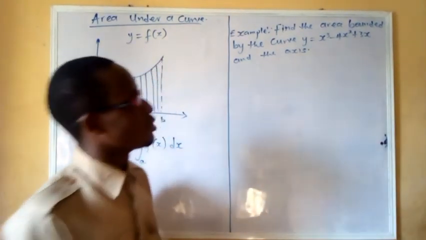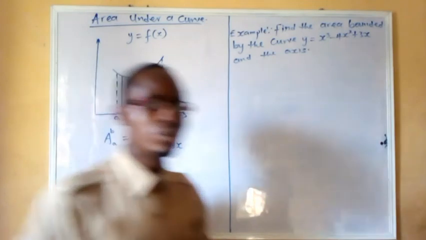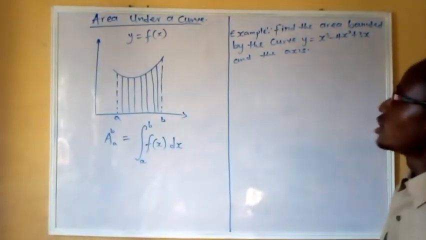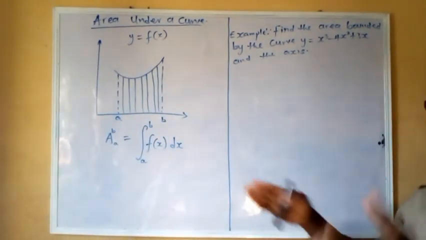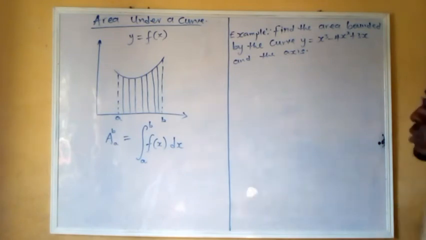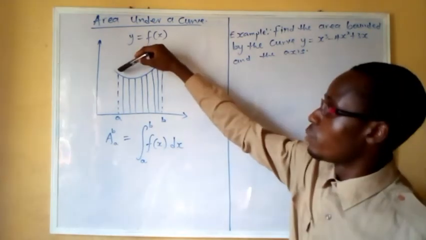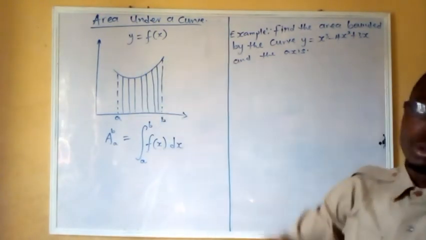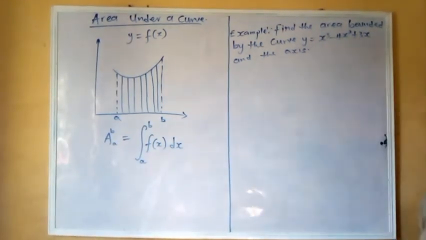We should find the area bounded. But if you notice, we are not given the points at which the curve is being bounded. Just like what we have here, where we have point A and point B to integrate the function between those limits. But here we are not given the points. So how can we find the points and even eventually sketch the curve before we proceed? Let's see how we do that.